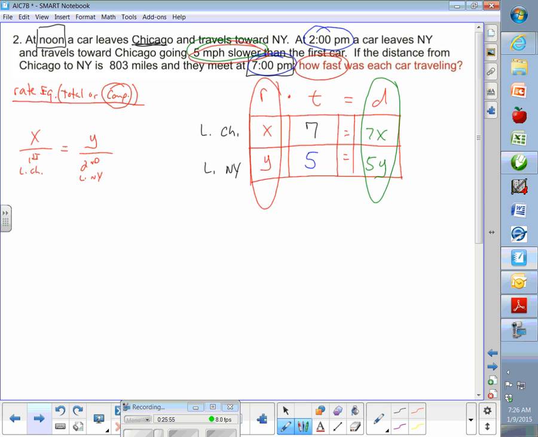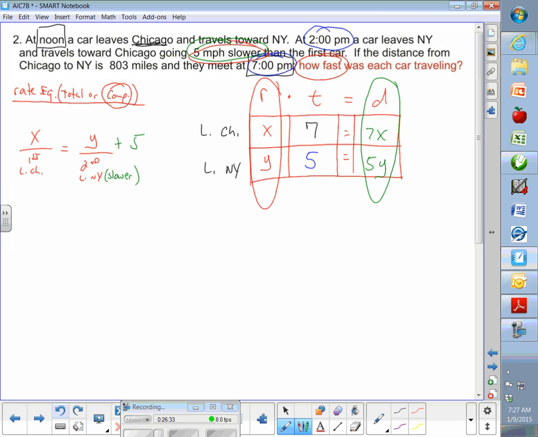It says at 2 p.m. a car leaves New York and travels to Chicago going 5 miles an hour slower. So what did it say? The car leaving New York is going slower. I'm going to come right here and I'm going to write slower. So if something's going slower, how do you get the slower side to equal the faster side? You add the amount to it, right?